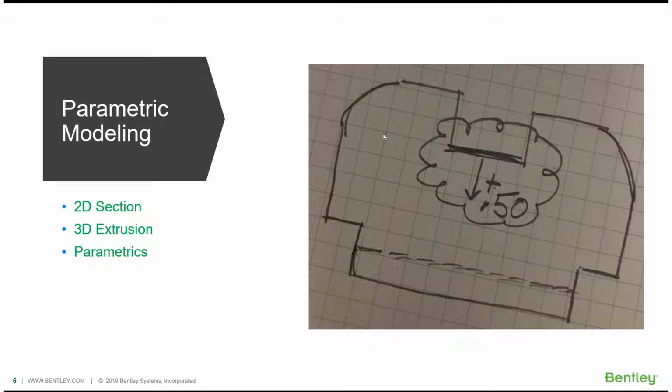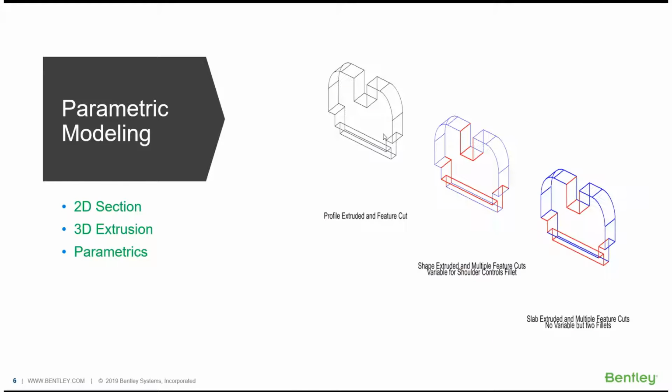So start thinking first of a 2D section and how it's going to behave. Once you establish that behavior in a 2D cell or a 2D element, then you extrude it and it becomes a 3D element. Then you provide more of the parametrics and create the cell.